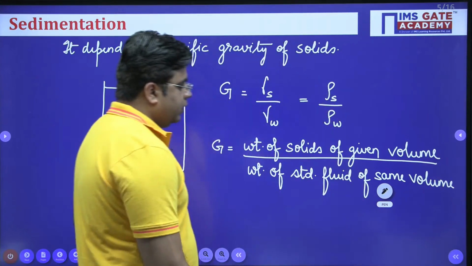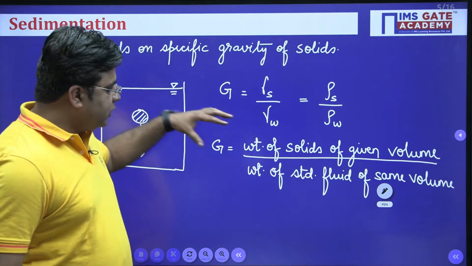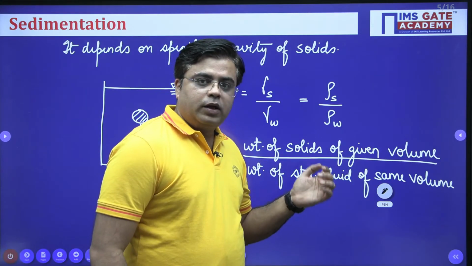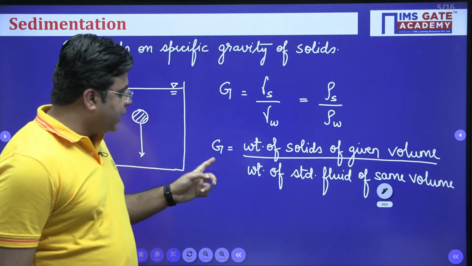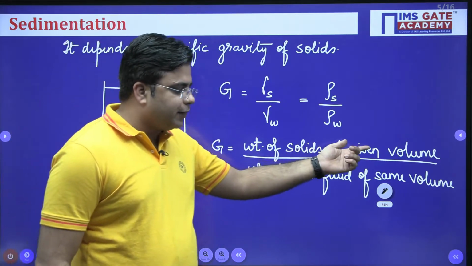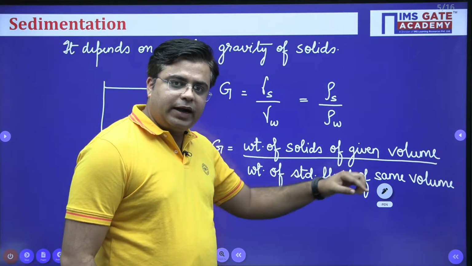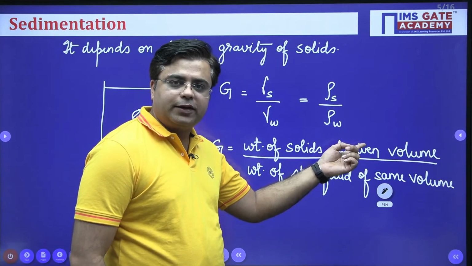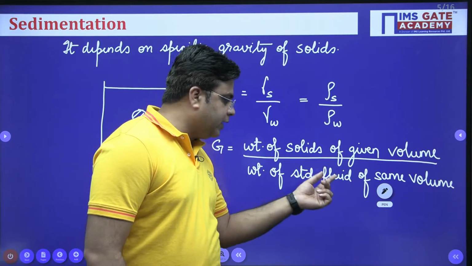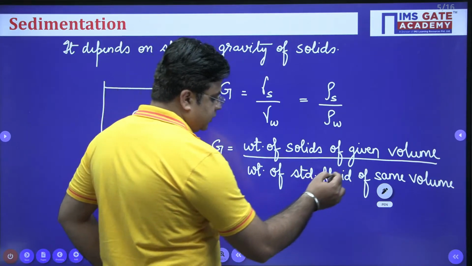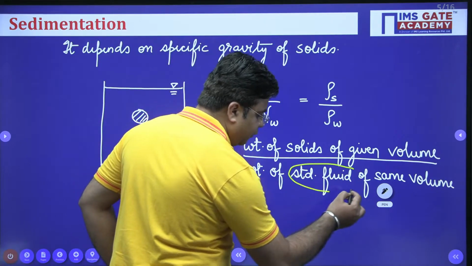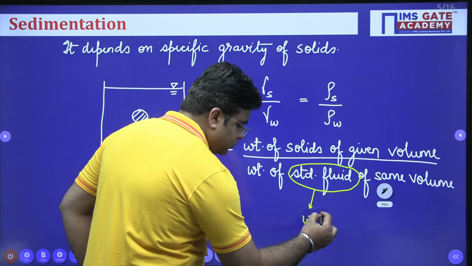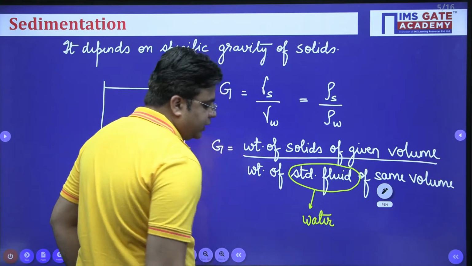Right? Meaning you have the solids of some volume, the weight of the solid is W. So specific gravity G is defined as the ratio of weight of solids of some volume V divided by the weight of standard fluid of the same volume V as that of solids. For us, the standard fluid is water.